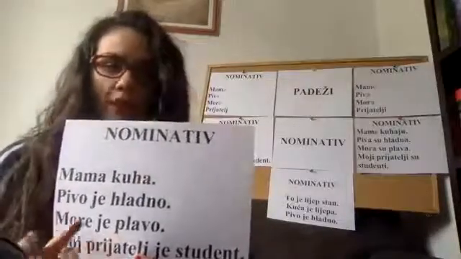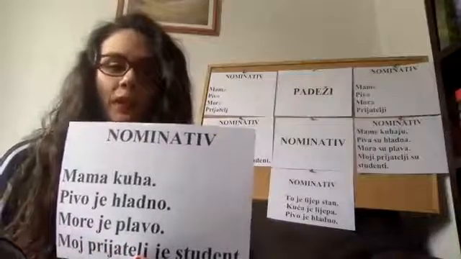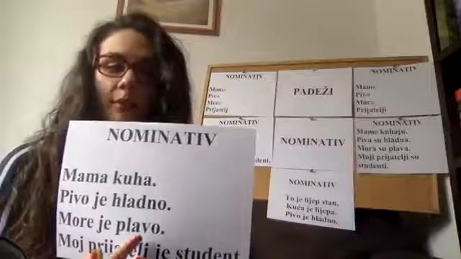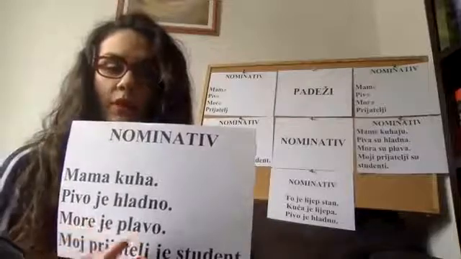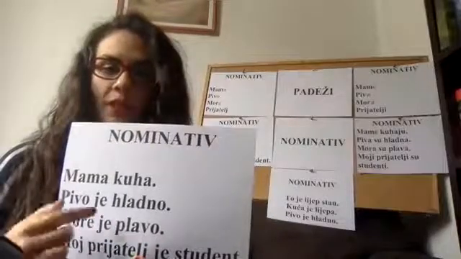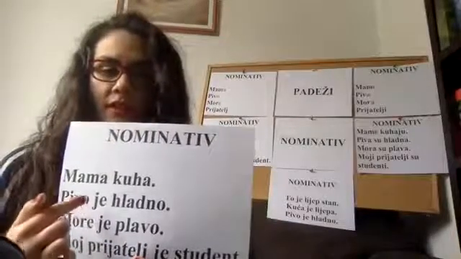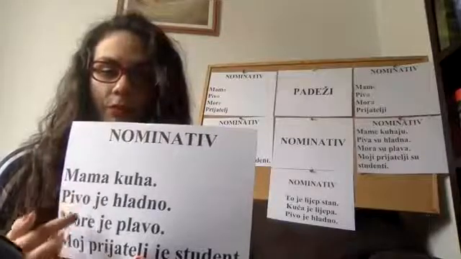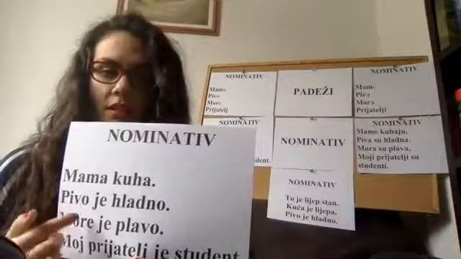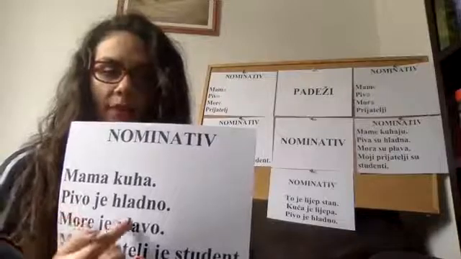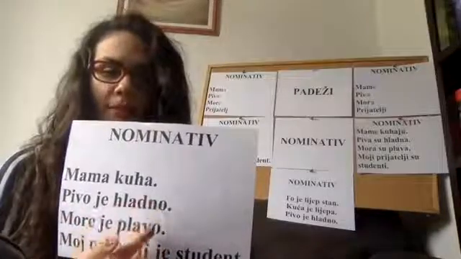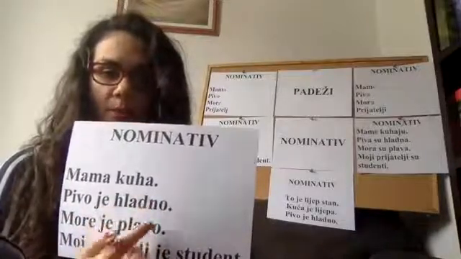Okay, more je plavo. Sea is blue. More je plavo. You can see here that neutral ones, o or e, have the same ending in adjectives.